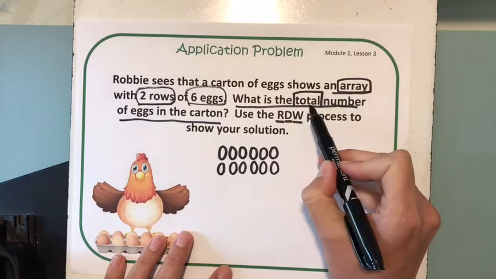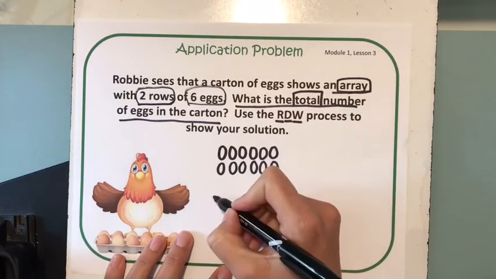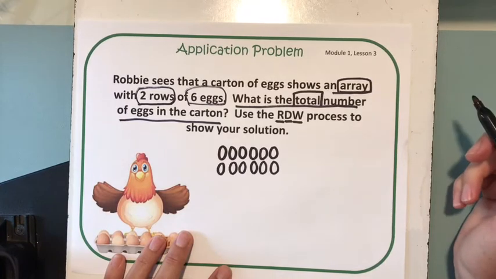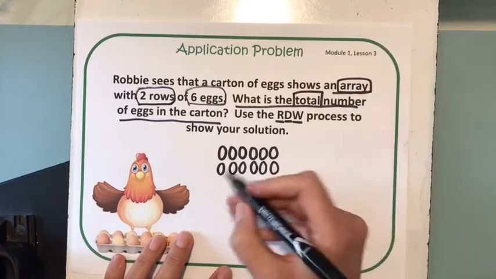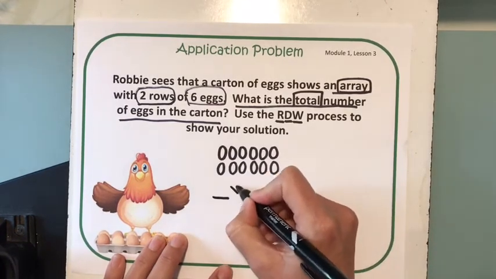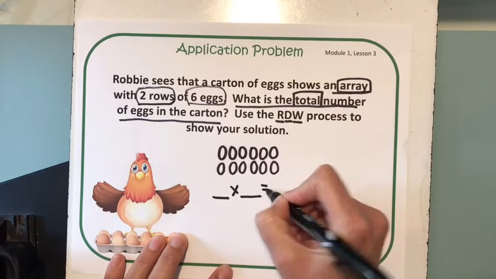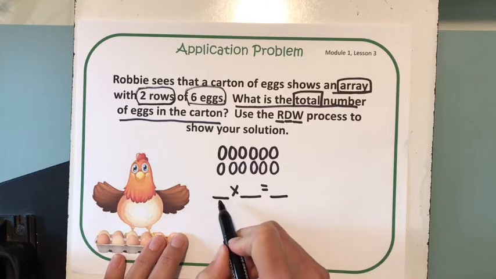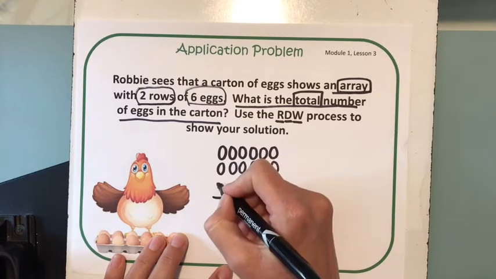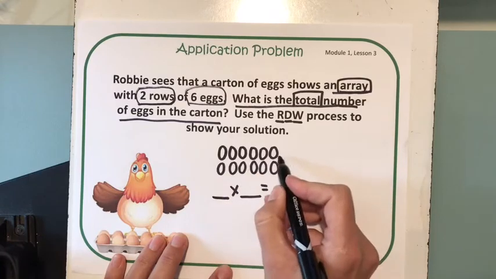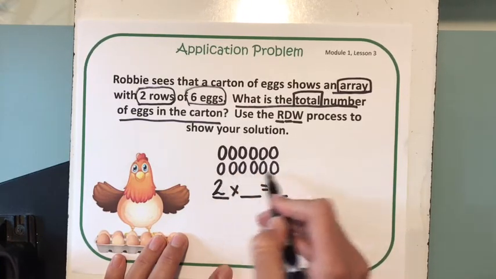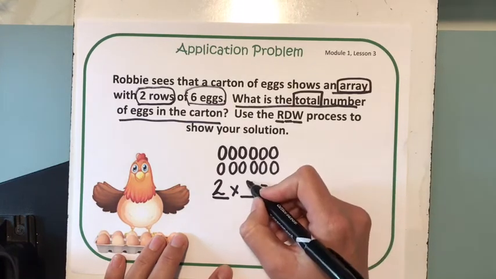Okay, so now I can solve it, right? Now I can figure out what the total is. But I know that this looks like a multiplication problem, right? Because we did it yesterday. So I'm going to set up my multiplication sentence here. How many groups do I have? The number of groups is always the first one. And I have 2 groups, 1, 2. And in each group, or in each row, are 6 eggs.